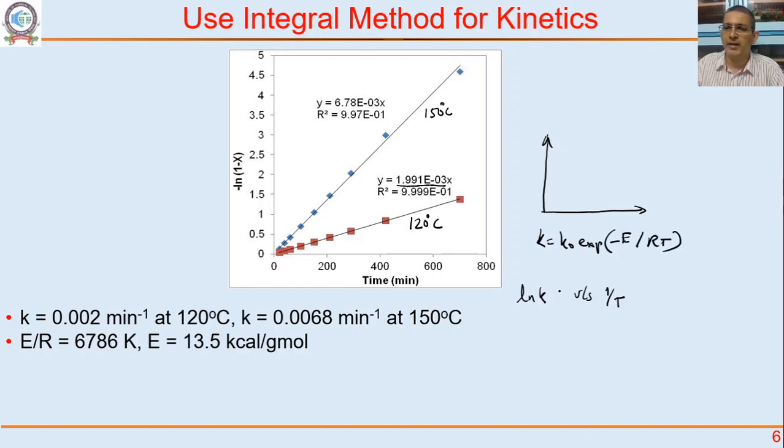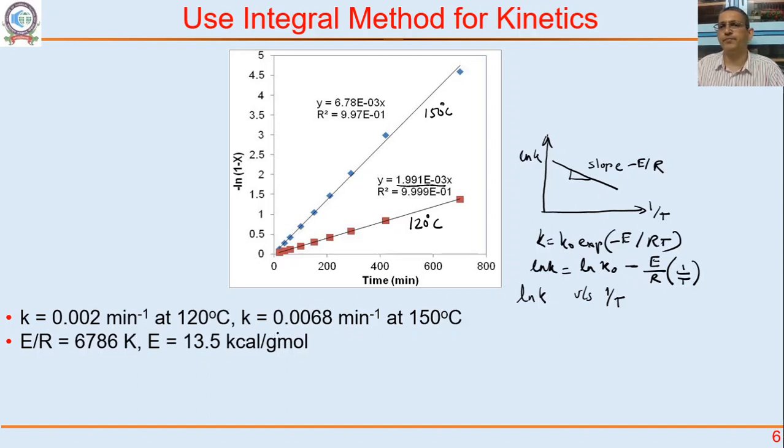So if you plot, ln k would be ln k0 minus E by R times 1 by T. If you plot ln k versus 1 by T for these two data sets, slope would be minus E by R, and you can find out the energy of activation from there.